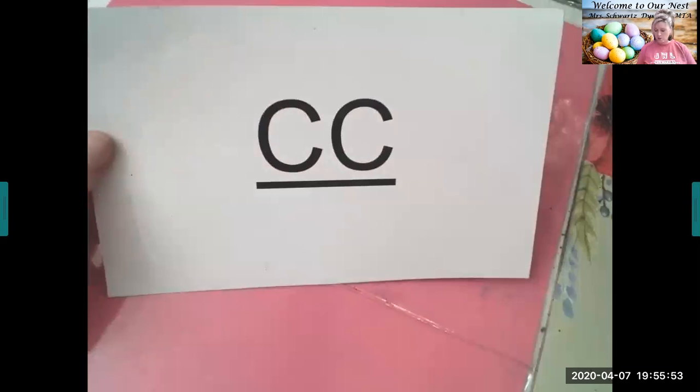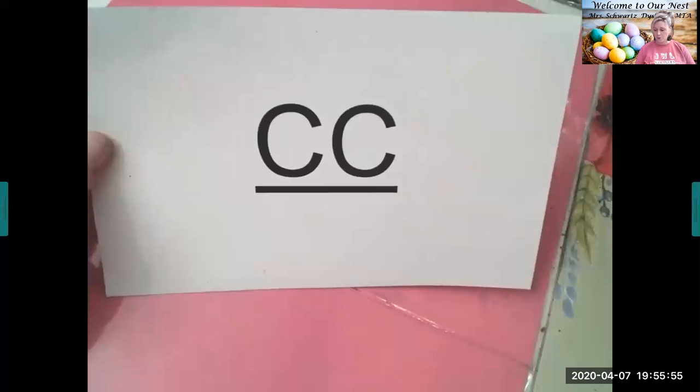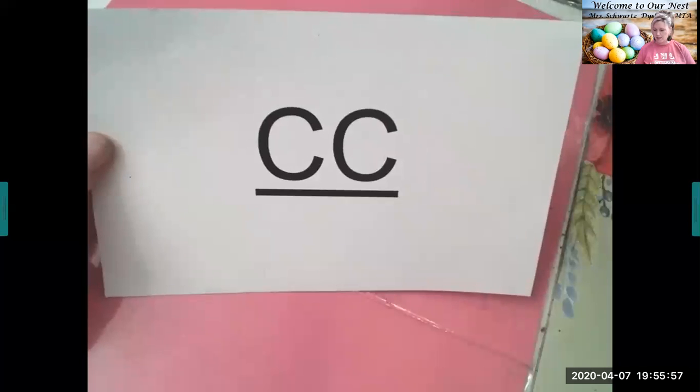A digraph is two letters in the same syllable that stand for one sound.